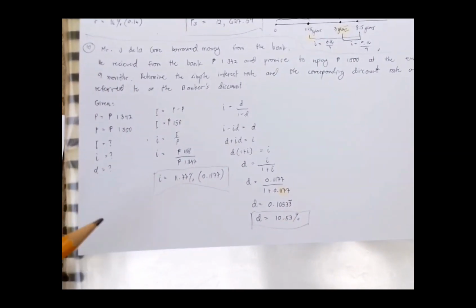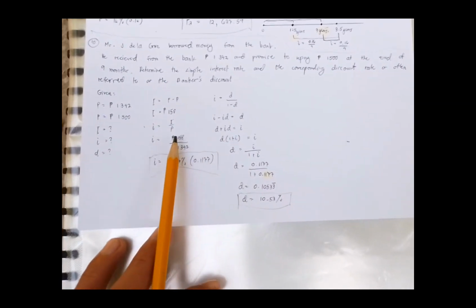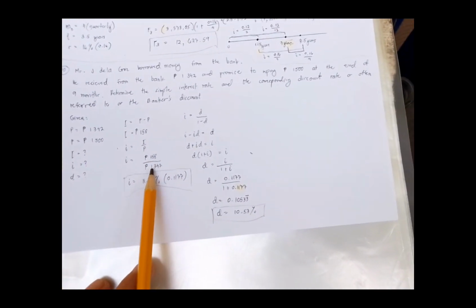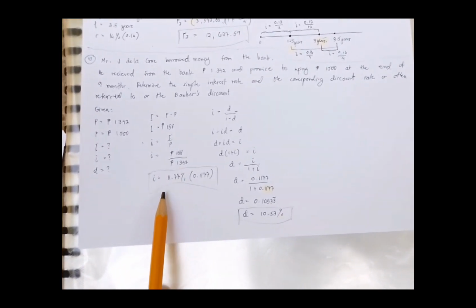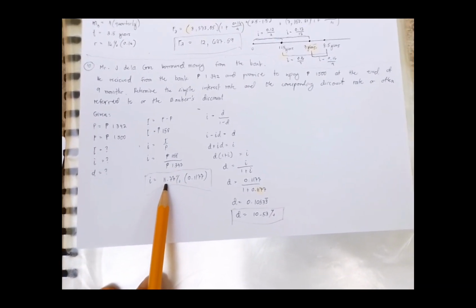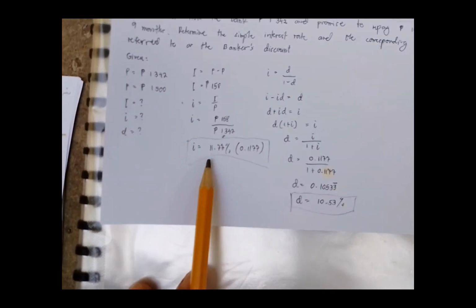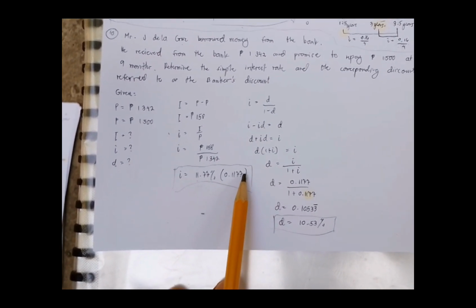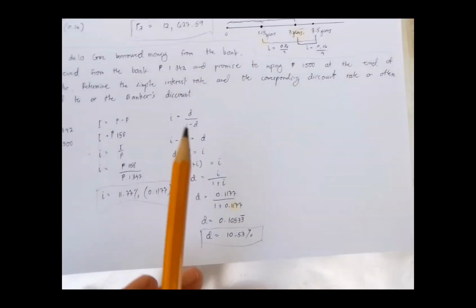Then simply a simple formula of interest rate or simple interest is 158 all over the principal, which is 1,342, and we could get 11.77%. I multiplied it directly by 100%, and this is the value when I didn't multiply, right?